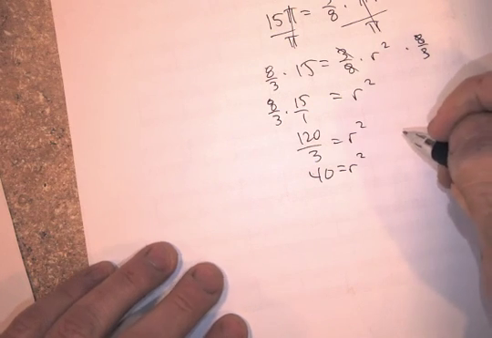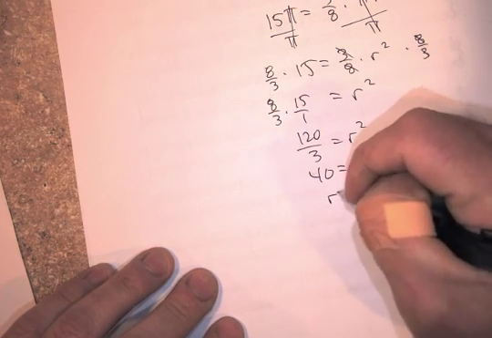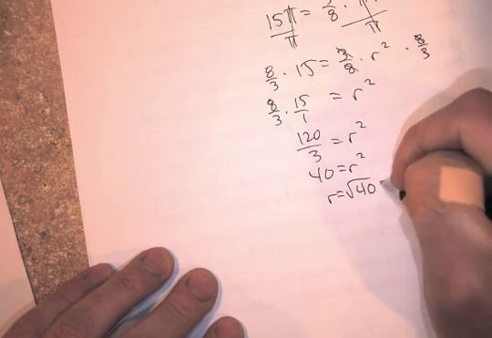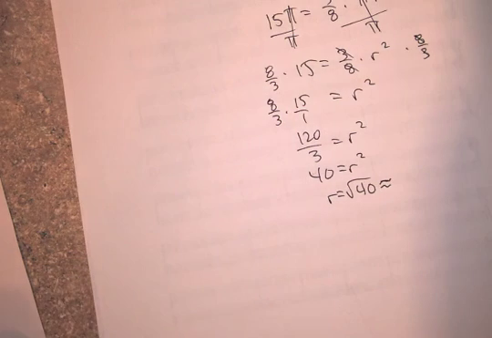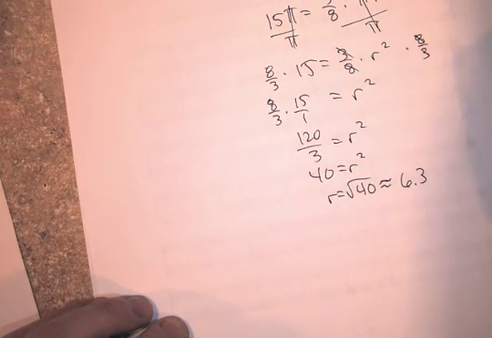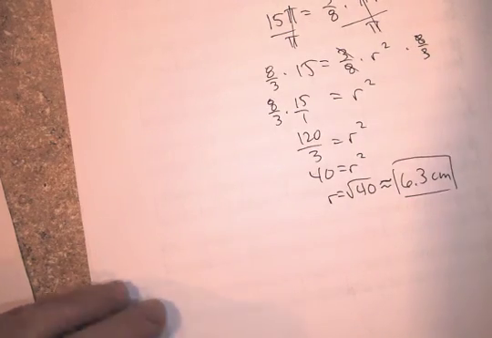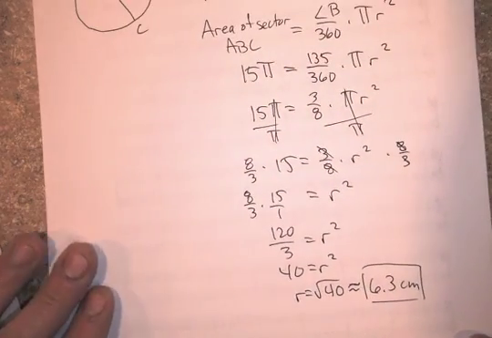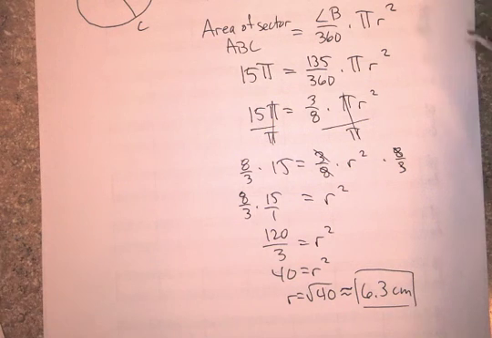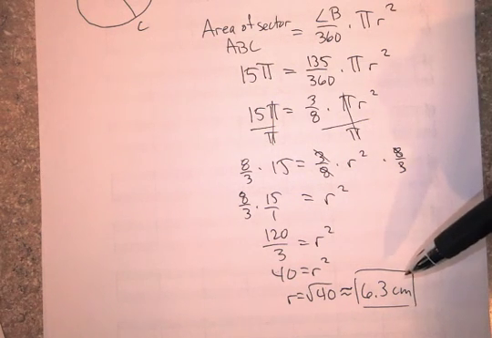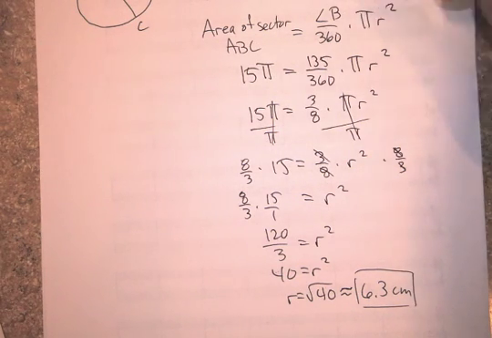This one will say you can give your answer as a decimal. R is going to be the square root of 40, which is going to round to about 6.3 to the nearest tenth. And that was the radius, so that's centimeters. Okay, that was quite a bit of work, show all the steps out, but you only got to do 1 or 2 of those, but you're basically working backwards to find the radius because you're given everything else. Okay, that's it, guys.